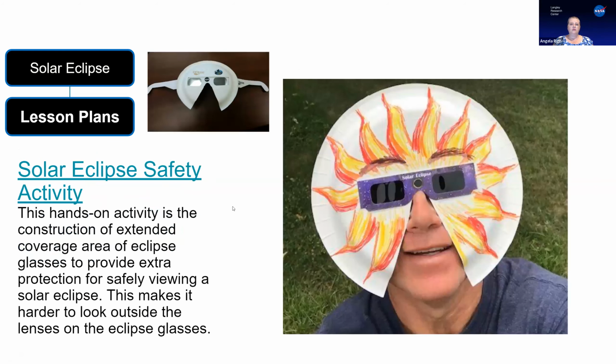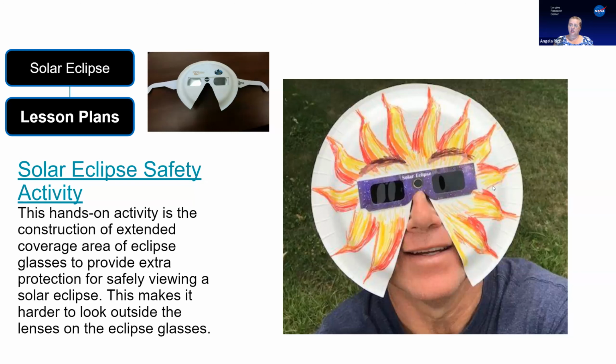We also had one of our summer interns last summer come up with and write up this safety activity that is basically taking a paper plate. I know that the heat team has their own version of this activity that is really great.